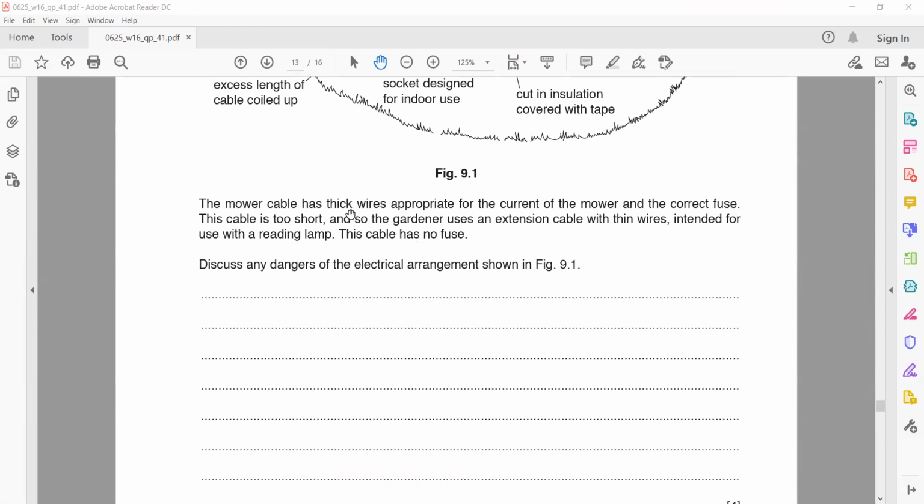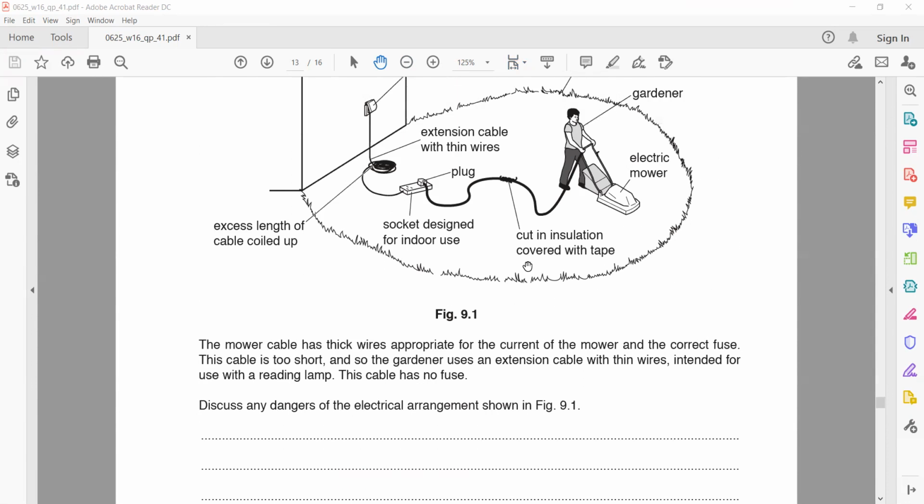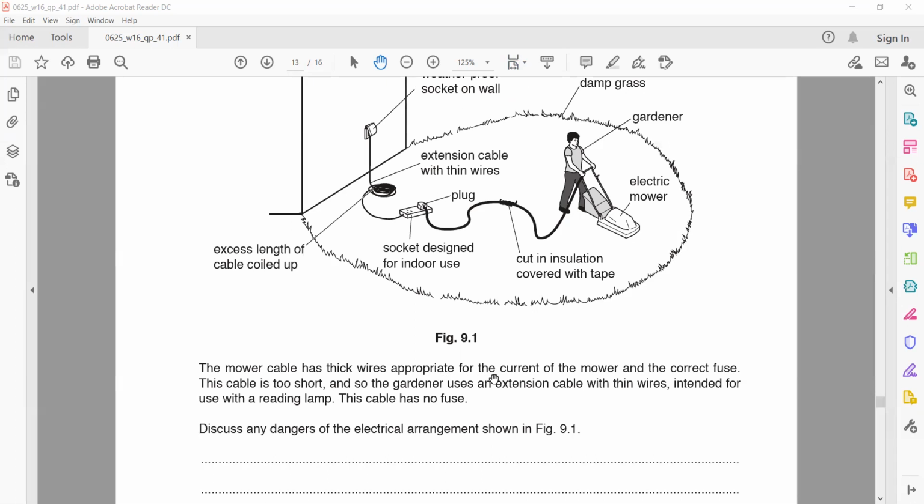In question 9, the mower cable has a thick wire appropriate for the current and a correct fuse. The cable is too short, so the gardener uses an extension. He is using an extension with thin wires. Intended for use with a reading lamp, the cable has no fuse.